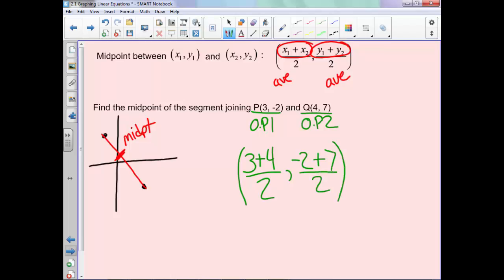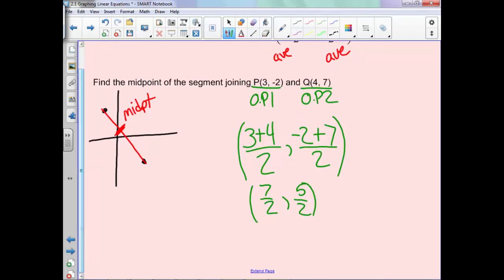Once again, divide by 2. So we'll have 7 over 2, and then 5 over 2. If you wanted to change this to 3.5 and 2.5, you could.